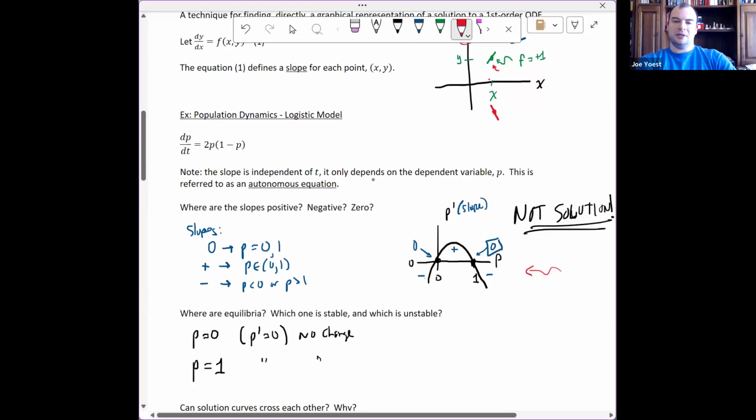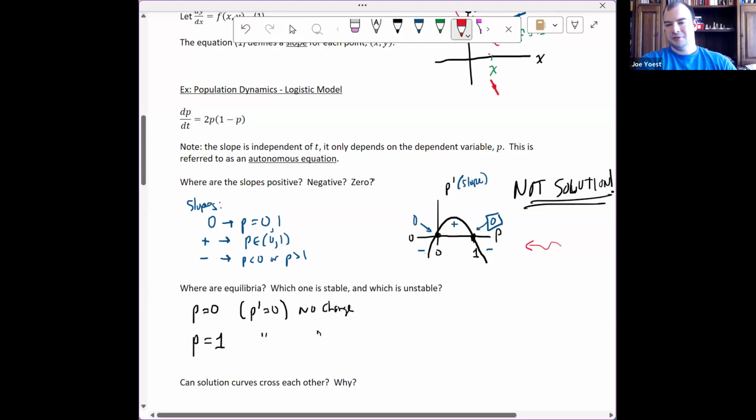So in the regime where P prime is positive, that means P is increasing. That means we're heading this direction on the interval 0 to 1. That means we're heading in the direction of larger P. We're heading to the right. So if I had P equals a half or P equals 3/4, my population is growing. It's getting larger over time.